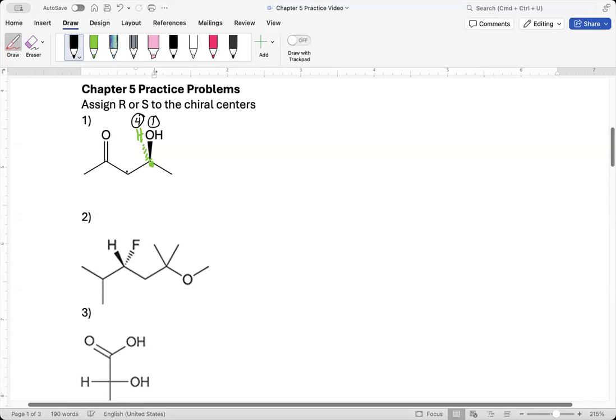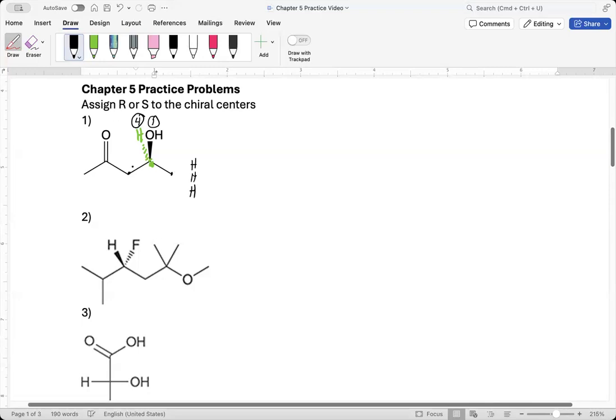And then we go to these 2 groups, and the one on the left is a carbon and the one on the right is a carbon. And remember, since it's a tie at carbons, we look at what's attached to those carbons. On the right, there are 3 hydrogens. This is a CH3 group.